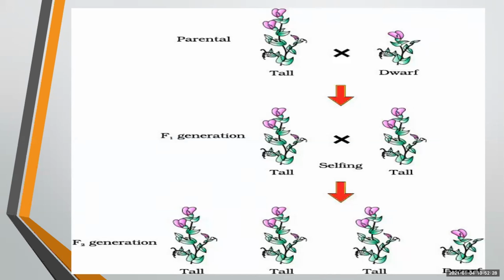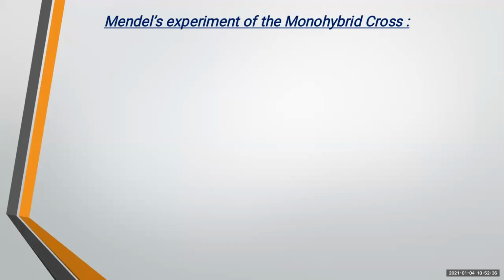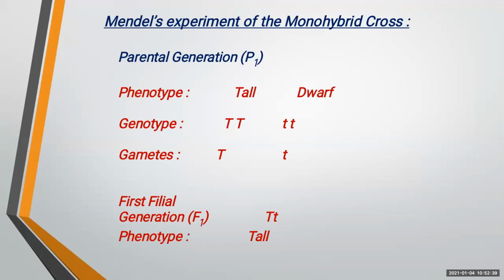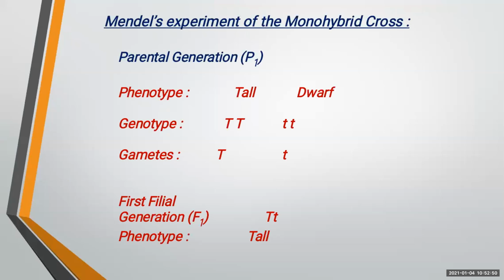Now let us try to understand this with the help of a table. Okay, so the parental generation phenotype.